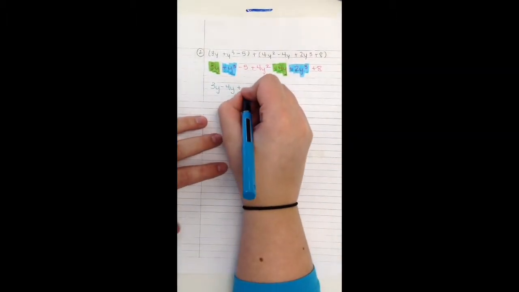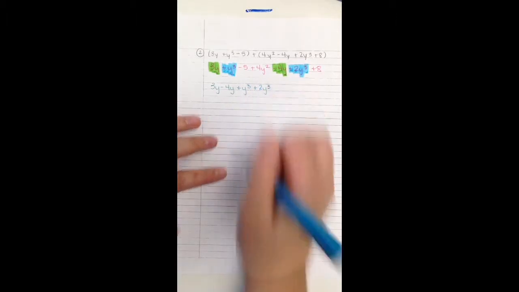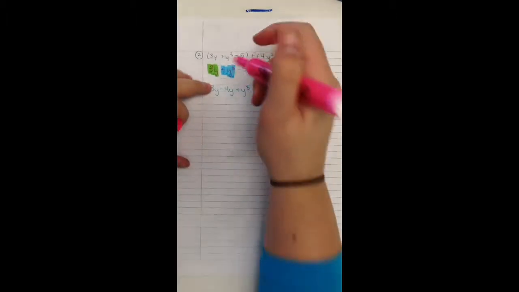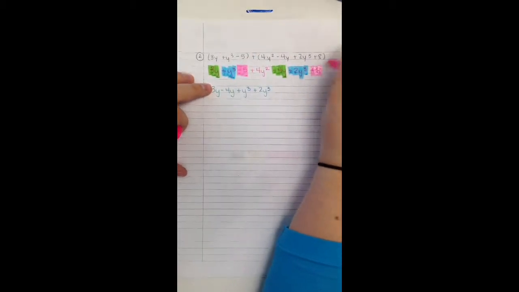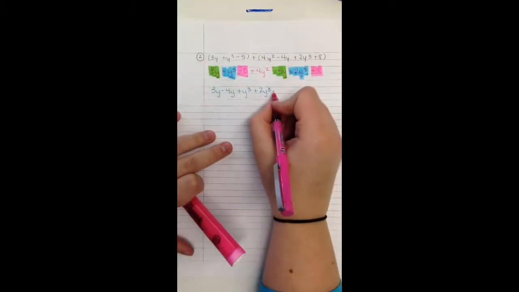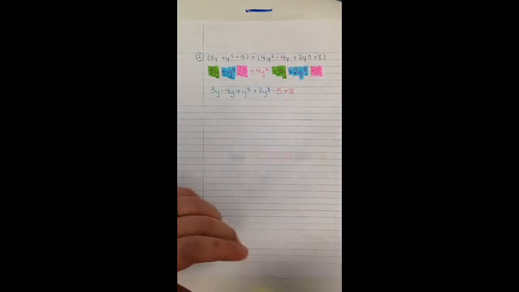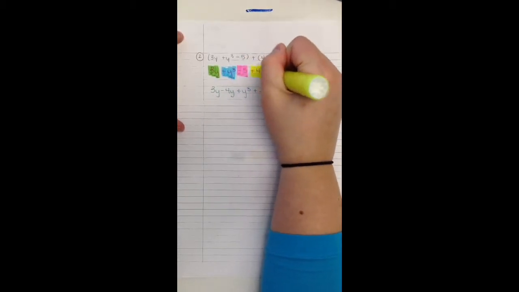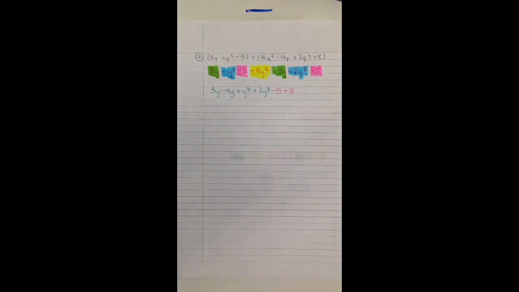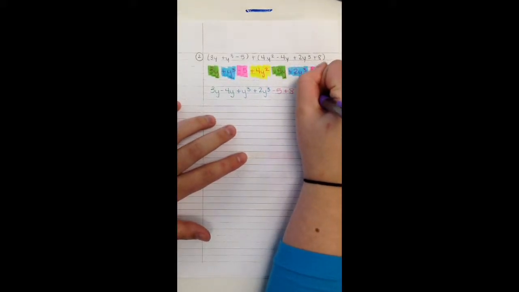So plus y cubed plus 2y cubed. Alright, the next one would be minus 5 and plus 8, minus 5 plus 8, and then I have plus 4y squared, and that's the only one like that, so it doesn't have a like term, but it has to be written down, so we'll say plus 4y squared.